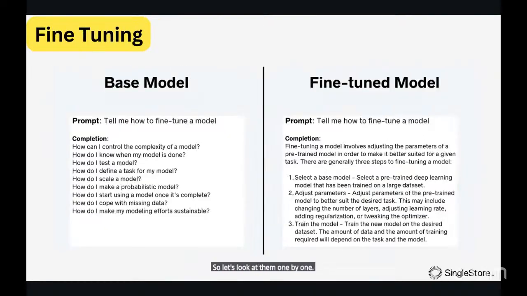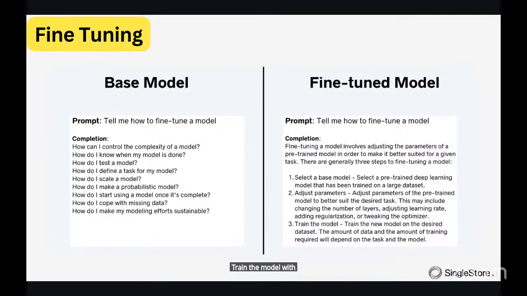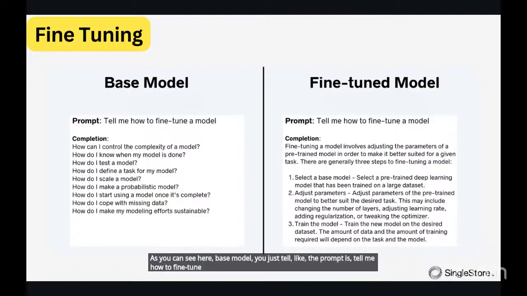Fine tuning is where you take the base model and you add your custom data. You train the model with your custom data so that it starts understanding your vocabulary. As you can see here, with the base model, the prompt is tell me how to fine tune a model, and it just gives you some completion type of responses.